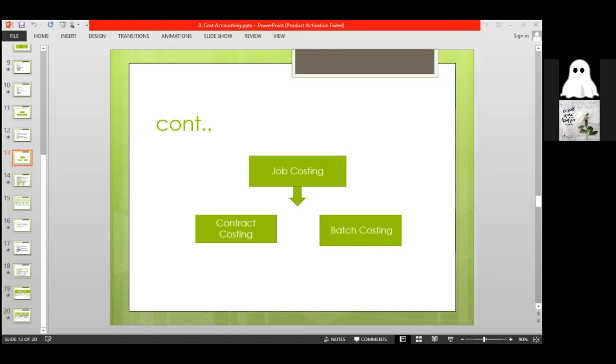Okay, this is an example now. As you can see, a job cost sheet is the same as any other cost sheet we have, but it's just that there are multiple items in the sheet. So the job cost sheet for this company has departments X, Y, and Z. There are materials for departments X, Y, and Z. There are wages for departments X, Y, and Z, and there are overheads for all three departments.